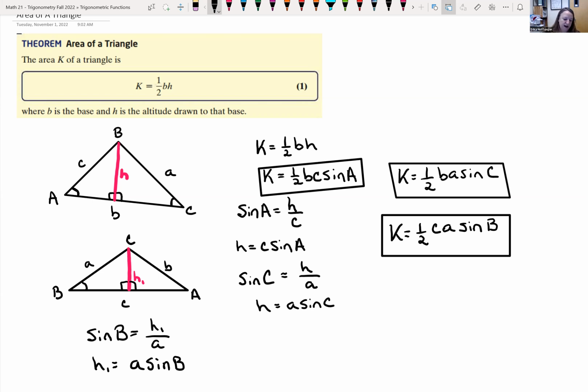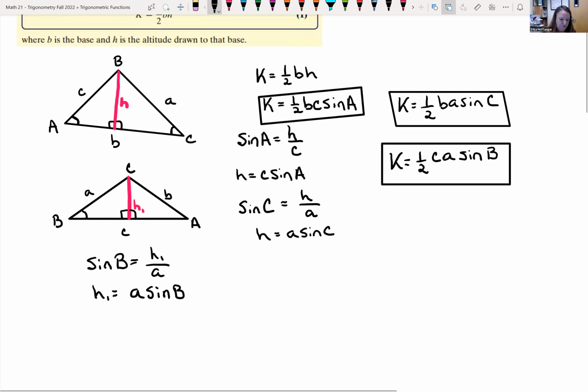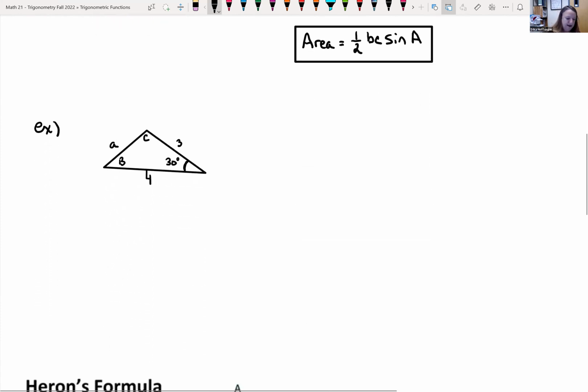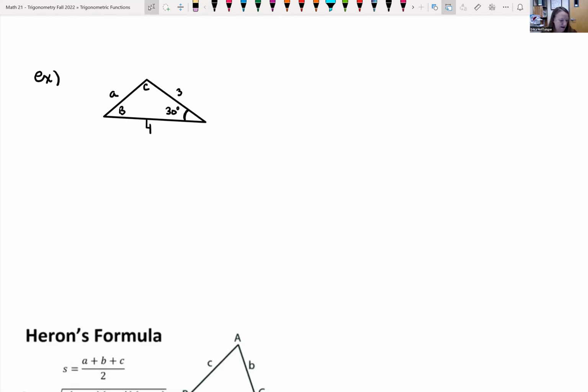So K is equal to 1/2 B times C sine of A. K is equal to 1/2 B times A, or A times B sine C. K is equal to 1/2 A times C sine B. So that is the formula for trying to find the area of a triangle when we're given two sides.